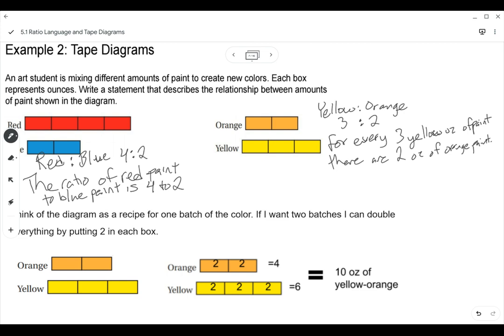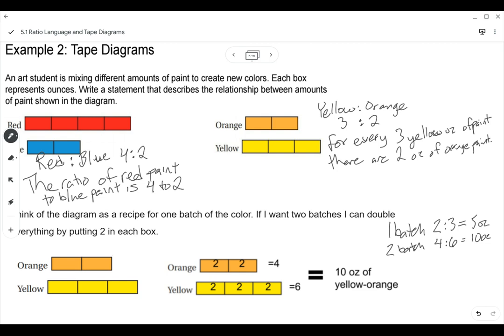So in one batch, we saw 2 orange and 3 yellow, and we had a total of 5 ounces of paint. Then when we doubled it, we had 2 batches. We get 4 orange, 6 yellow, for a total of 10 ounces of paint.